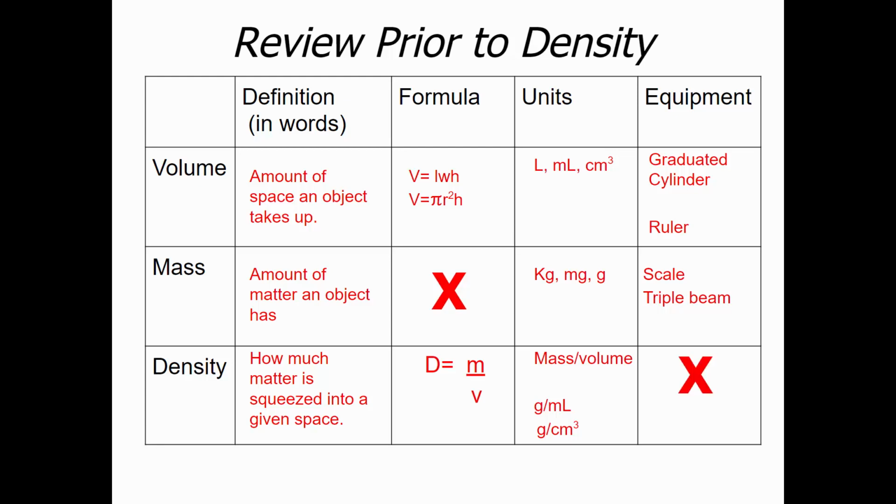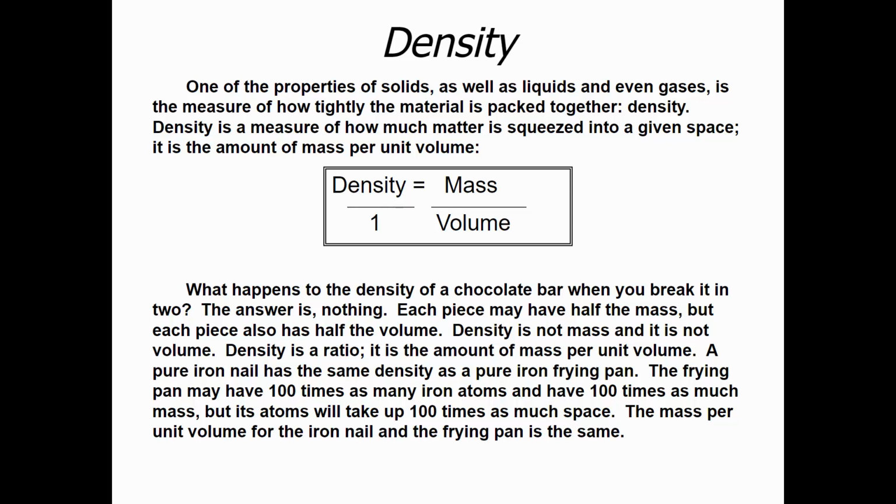So we don't really use equipment. We calculate this using the other two. Because we have this formula for density, like any equation, you could figure out density if you know what?